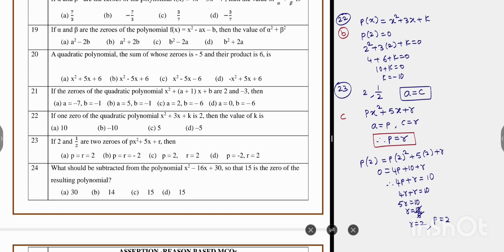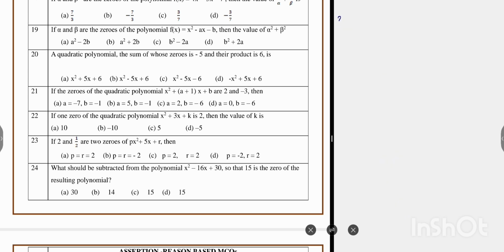Question number 24. What should be subtracted from the polynomial x square minus 16x plus 30 so that 15 is the zero of the polynomial? Let us find out. If 15 is a zero of the polynomial, P of 15 should be 0.